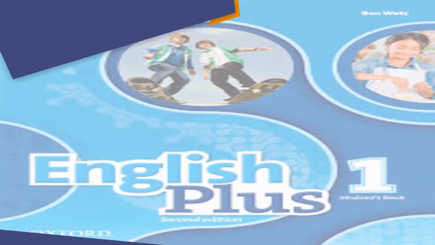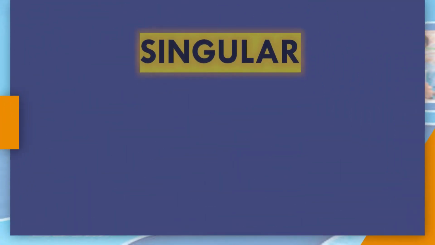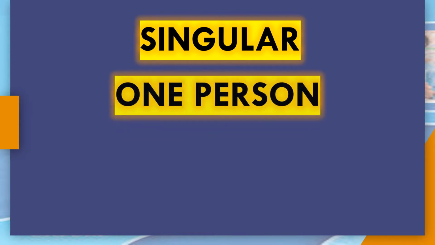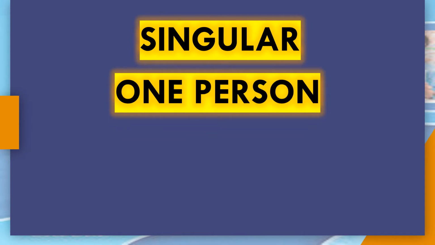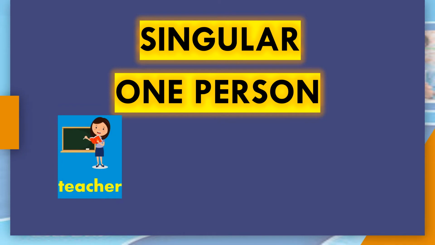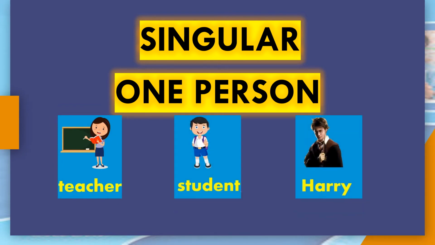For a singular subject, we have one person. For example, a teacher, a student, and Harry, a name, one person.